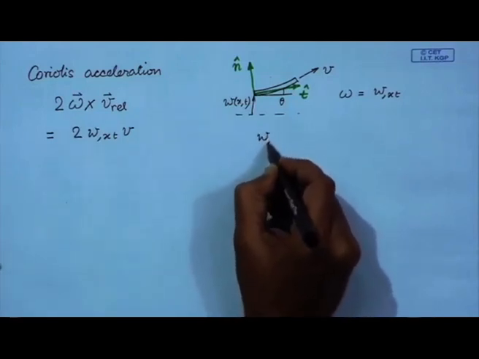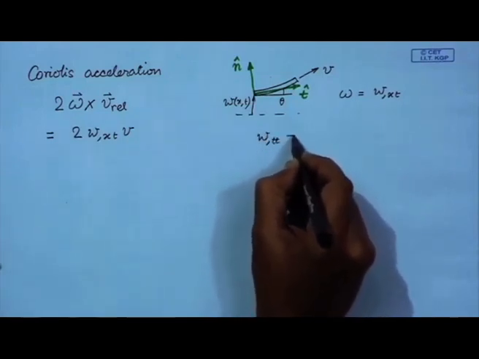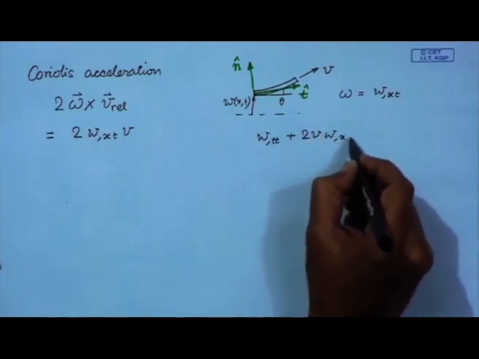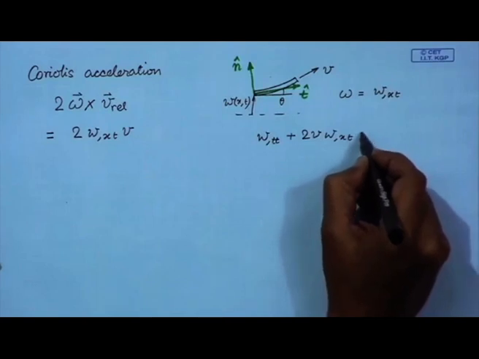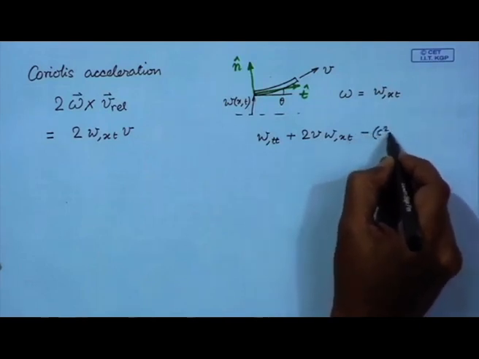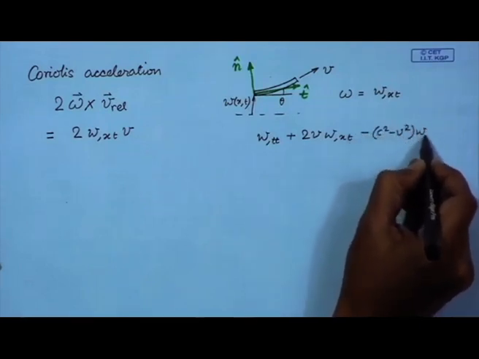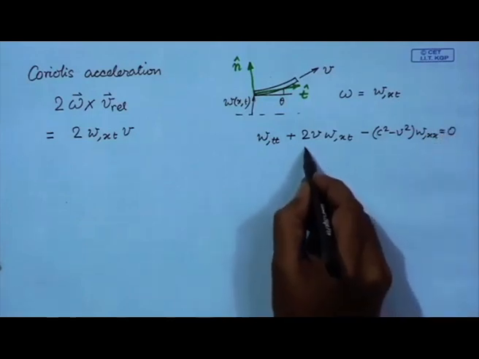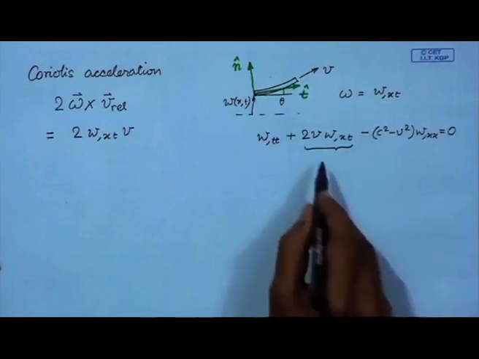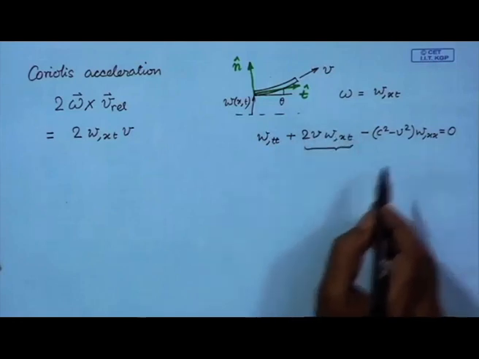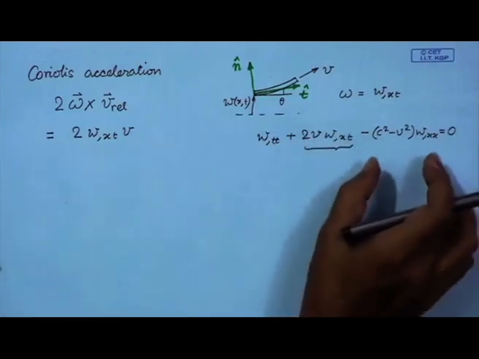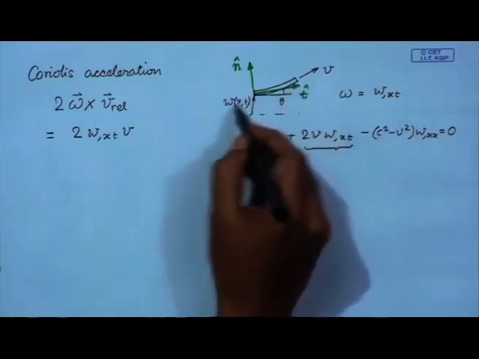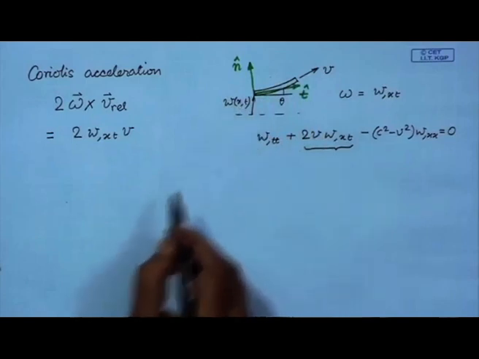So, let me write down the equation of motion once again. So, this is the Coriolis acceleration term, and in addition to this we have the curvature of this element.